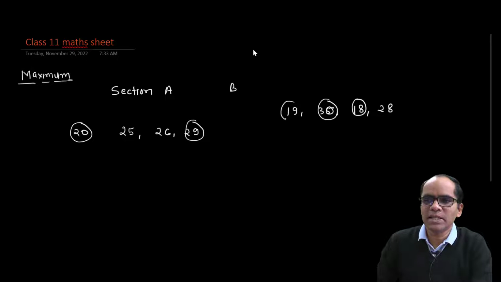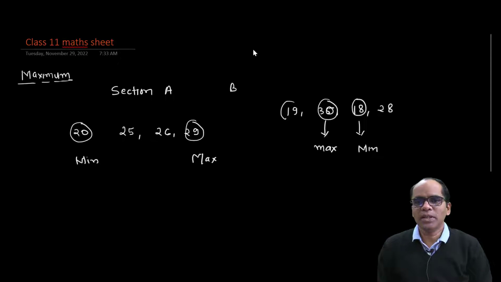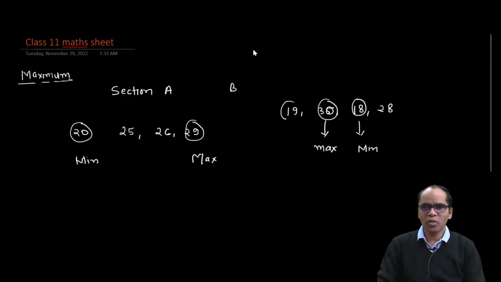So in this case, 18 is your minimum marks, and 30 is the maximum marks. Here 29 is the maximum marks, and this 20 is your minimum marks. So for section A, the maximum marks is 29, and for section B, the maximum marks is 30, and the minimum is 18, and here the minimum is 20.